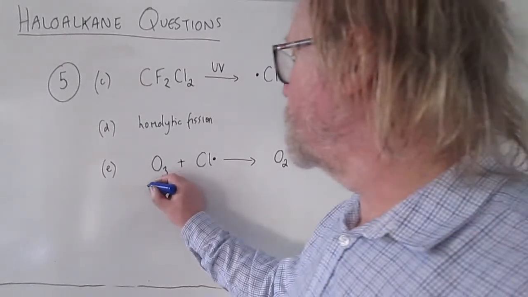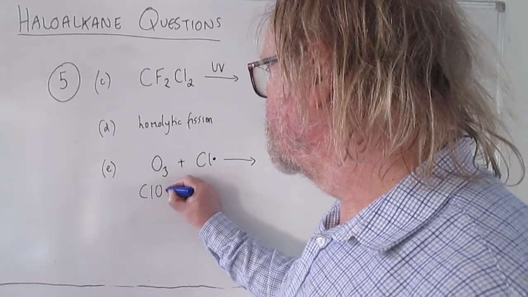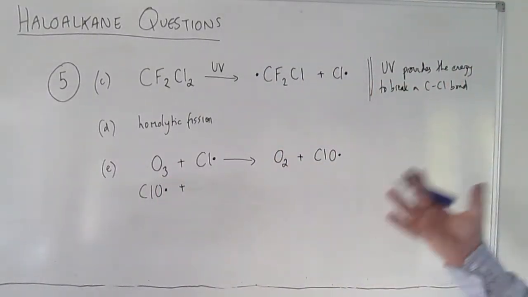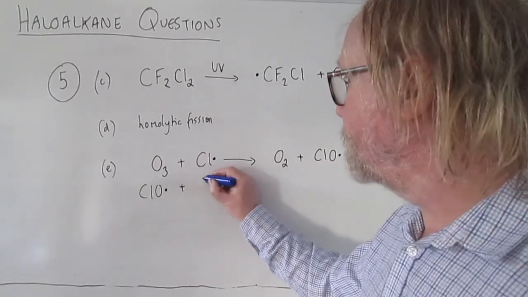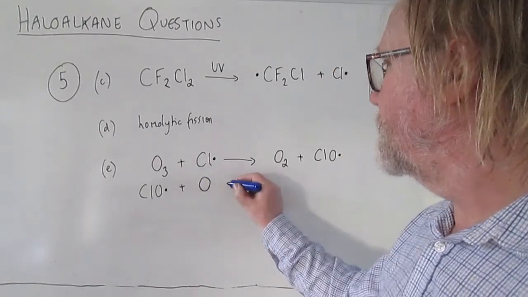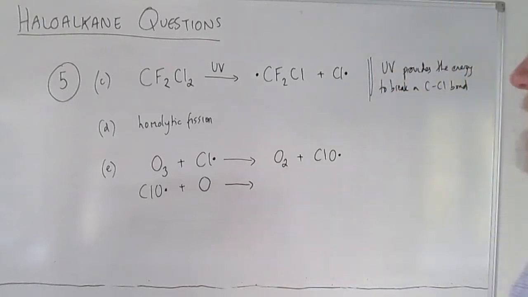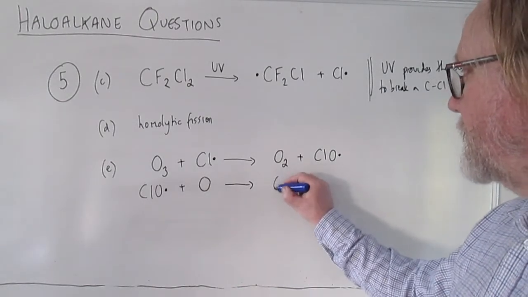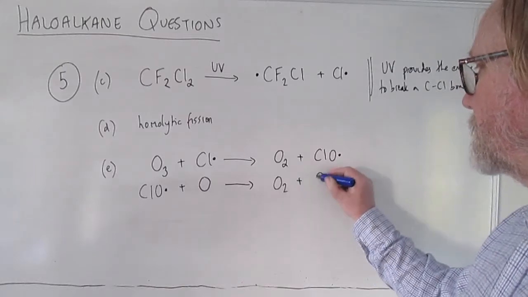So the ClO dot can now react with something else, and this is the bit that you really do have to remember because it's not at all obvious: an oxygen atom. And then again, you get a reaction where one atom is transferred, so you get O2 again and Cl dot.